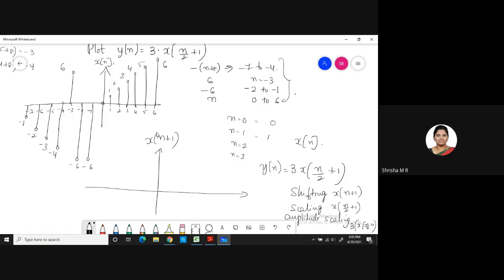Correct? So how will the waveform look? I want you people to plot. Okay, don't just observe. You also plot along with me. -1, -2, -3, -4. I doubt the space won't be sufficient. I'll rub this side. So shall I rub this part? You people know, right?